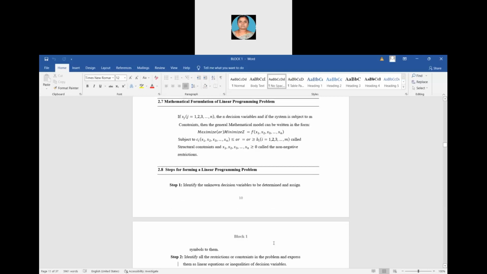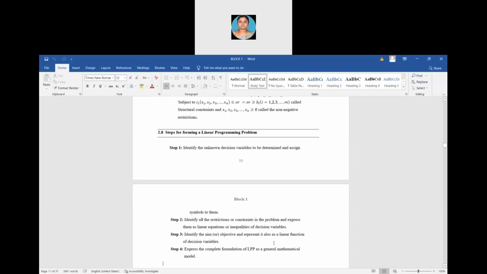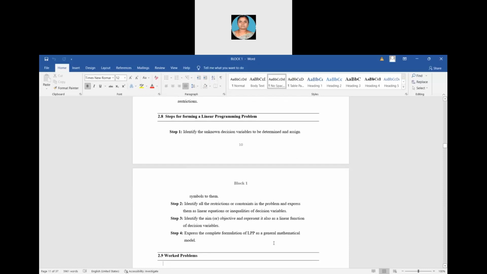Next, the steps for framing a linear programming problem. What are all the steps involved in solving a linear programming problem? First, you have to identify the unknown decision variables to be determined and assign symbols to them.